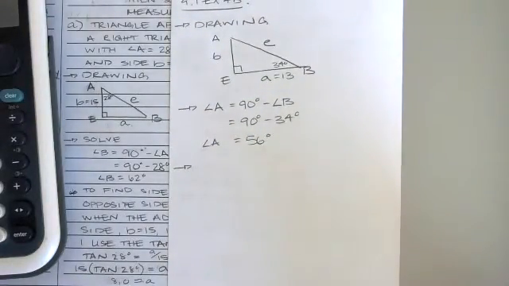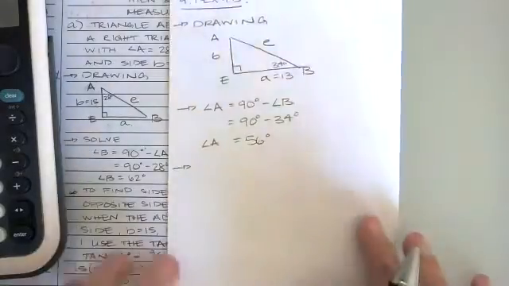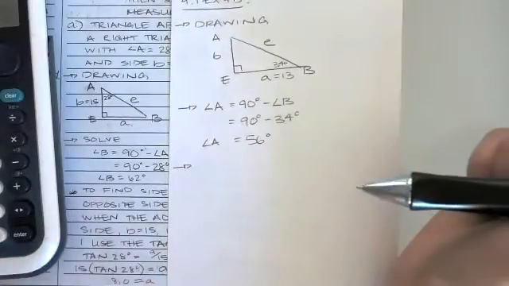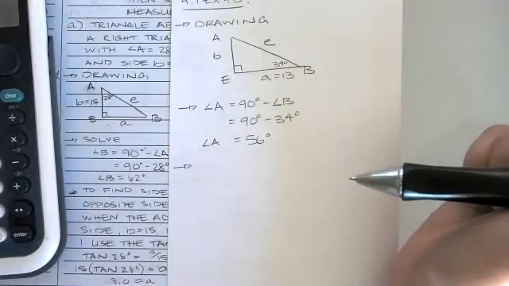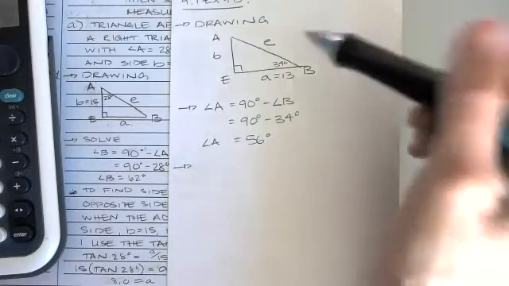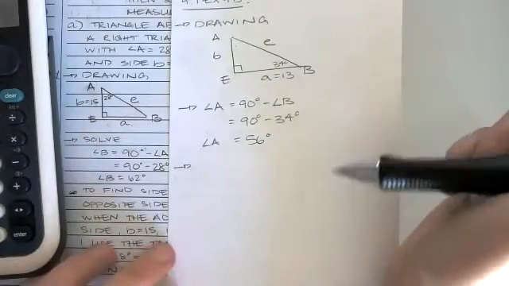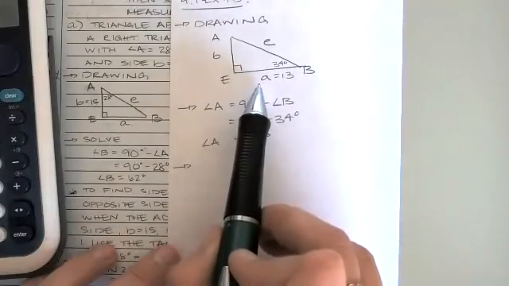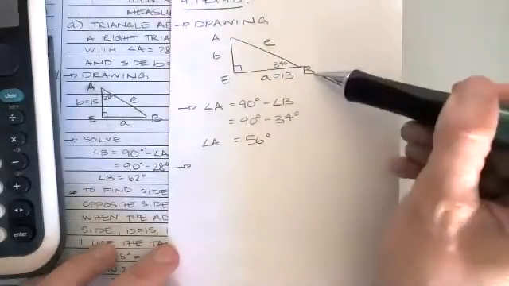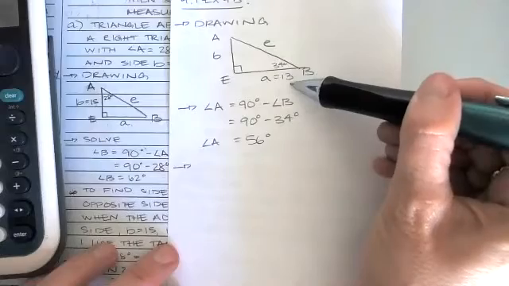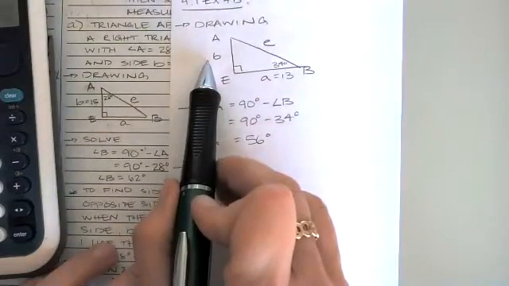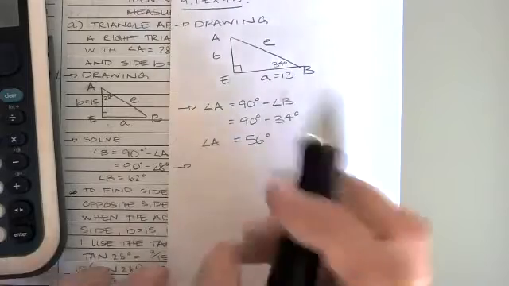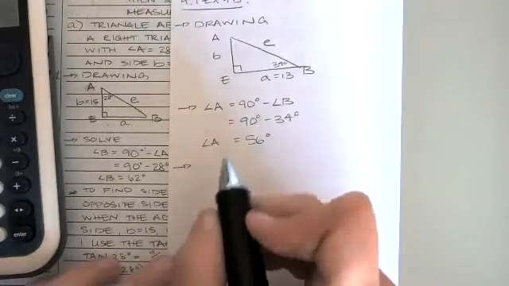Okay, now I think this part feels trickier to me. So do we want to find side B first or side E first? There's no wrong answer. So let's just go in alphabetical order and find B first. From here, I've got the adjacent side and I'm looking for the opposite side. Adjacent and opposite, that's a tangent situation.